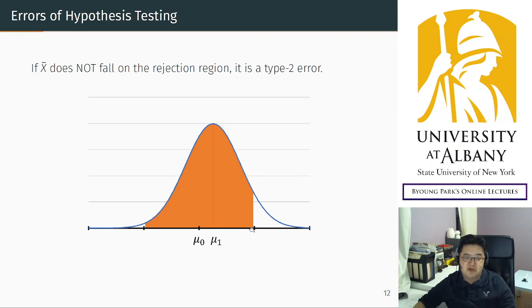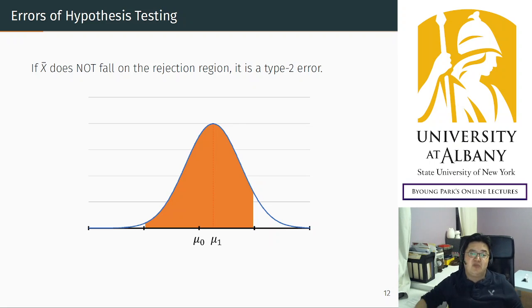It is the probability that the sample average is realized in the acceptance region from the sampling distribution that is different from the null hypothesis. Using the sampling distribution that is not centered at mu 0, you can calculate the probability of the acceptance region.